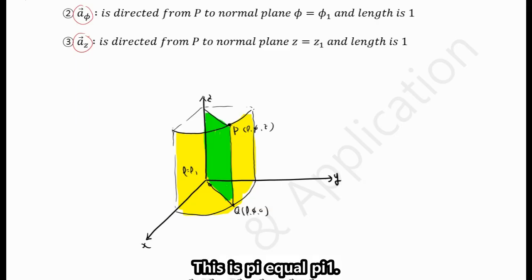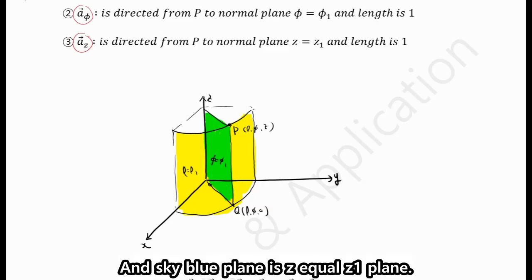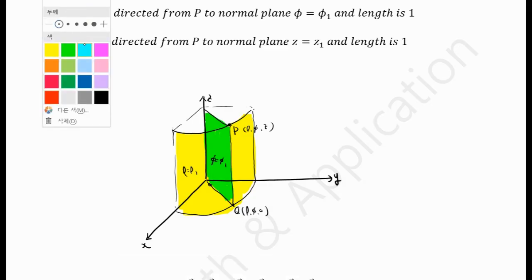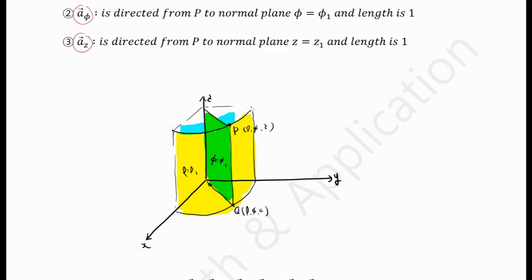This is phi equals phi 1. And the sky blue plane is the z equals z1 plane. Z equals z1.